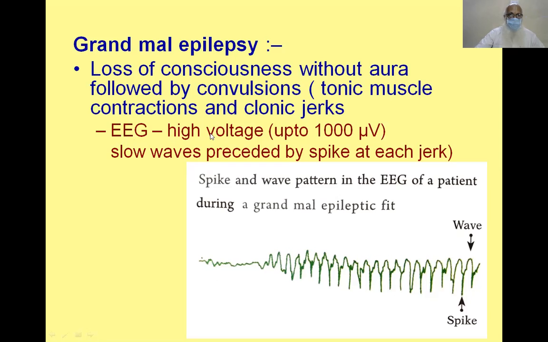Then EEG will show very high voltage slow waves, defeated by a spike at each jerk. So you can see there is a wave and a spike here in the grand mal epilepsy. A wave and a spike.